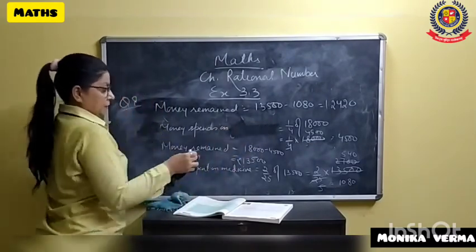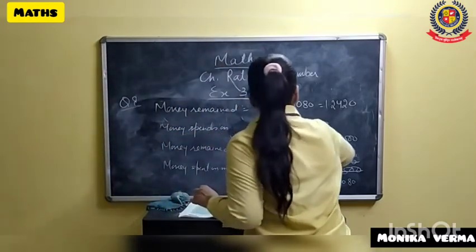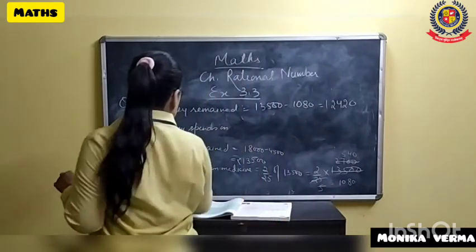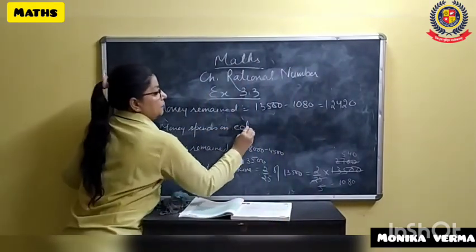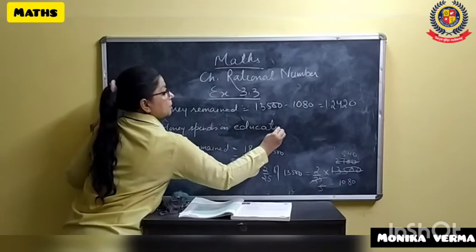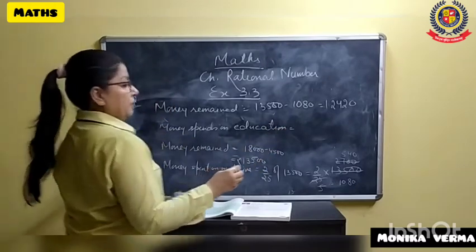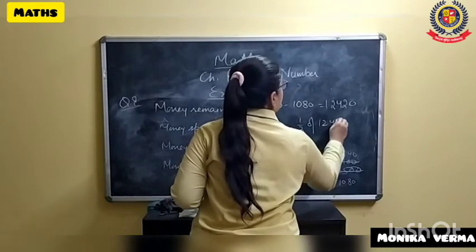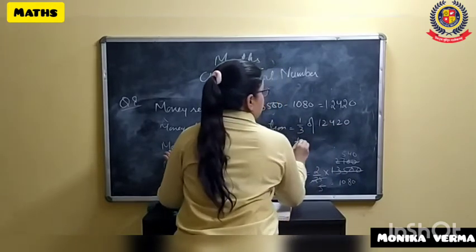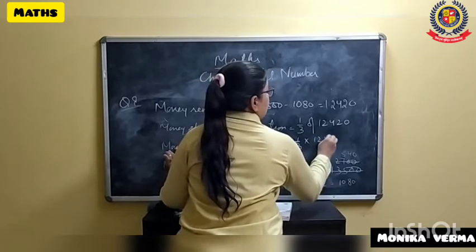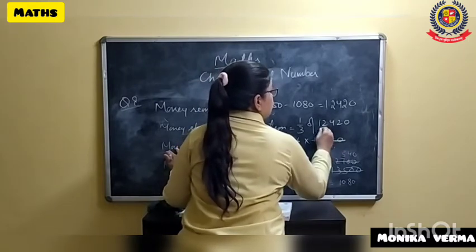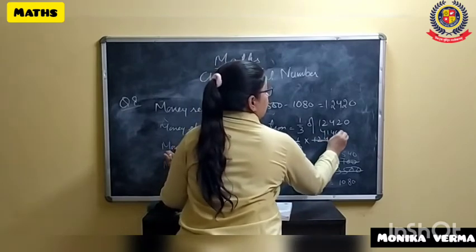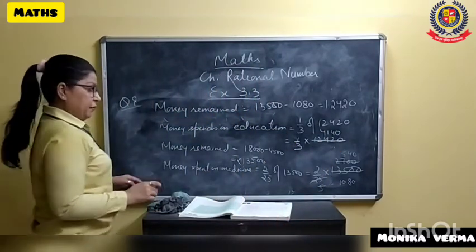on education. Now money spent on education is 1 by 3 of 12,420, means 1 by 3 multiplied by 12,420. 3 4s are 12. 3 1s are 3. 3 4s are 12. 4,140.